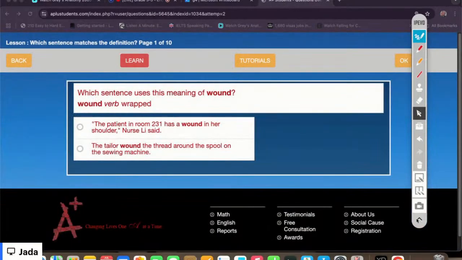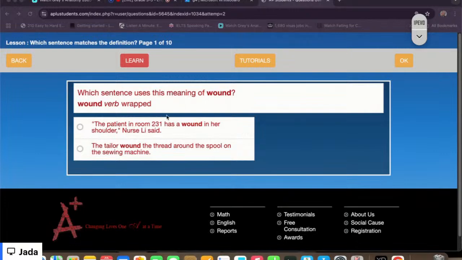All right. So which sentence uses the meaning of wound? Is wound meaning wrap? So is it going to be the first or second? The patient in room 231 has a wound in her shoulder, Nurse Lee said. The tailor wound the thread around the spool on the sewing machine.